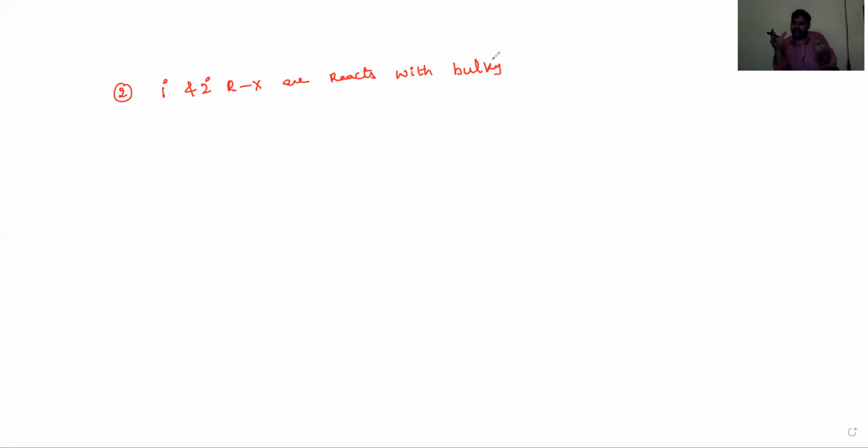It can only remove the sterically free, less crowded outside beta hydrogen, and the resultant product is the major product. The resultant product is the less substituted alkene.